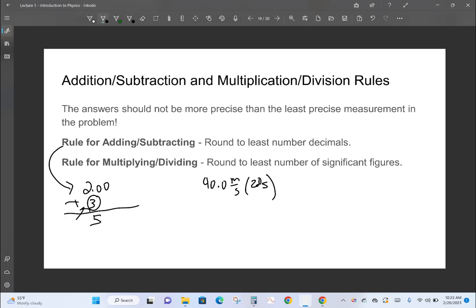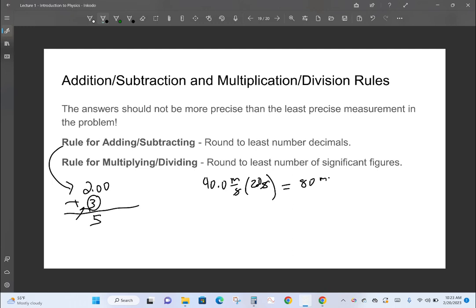The least number of sig digs: this has 3 and this has 2. So my answer has to have 2 significant digits. Well, 2 times 40 is 80, and 80 is 2 significant digits. And that would turn out to be meters.